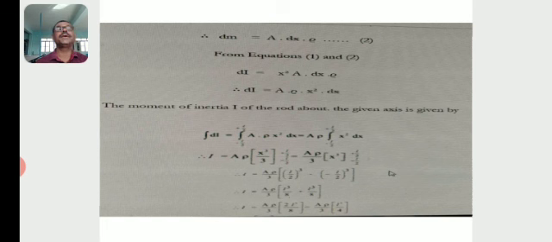Then I is equal to A rho by 3, applying the upper limit minus the lower limit, L by 2 whole cube minus minus L by 2 whole cube. Then I is equal to A rho by 3, L cube by 8 plus L cube by 8. Then I is equal to A rho by 3, 2 L cube by 8, which is equal to A rho by 3, L cube by 4.